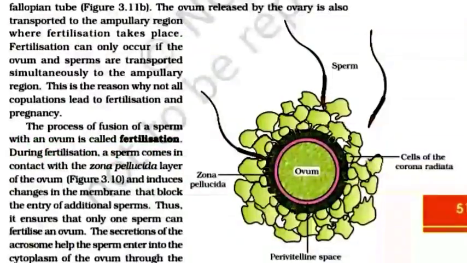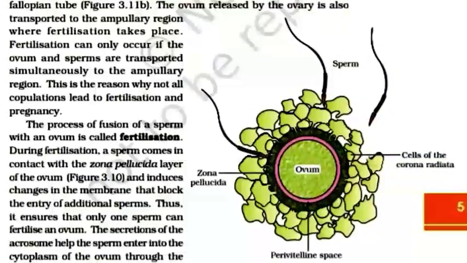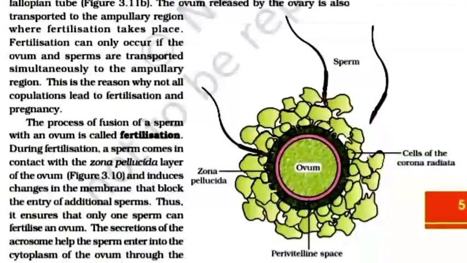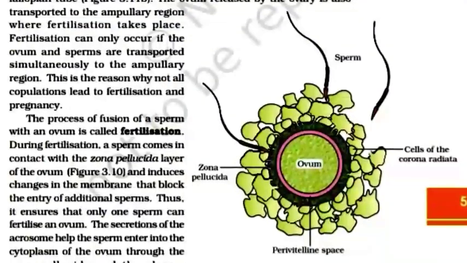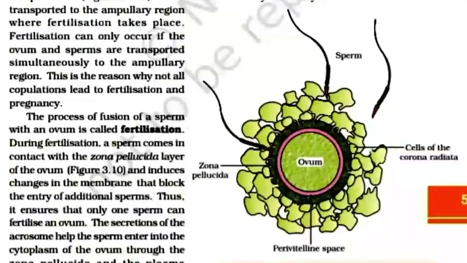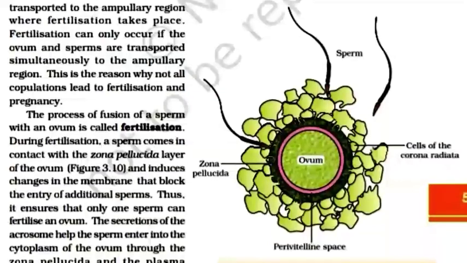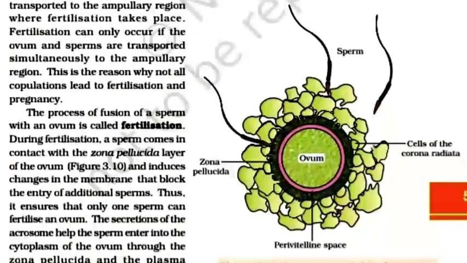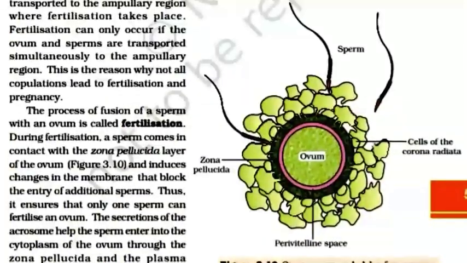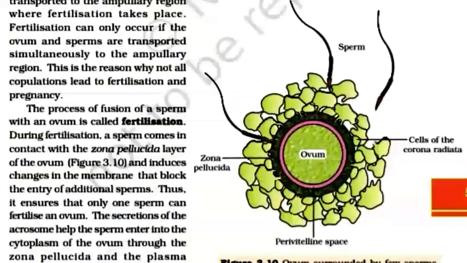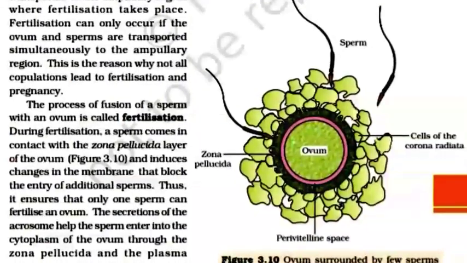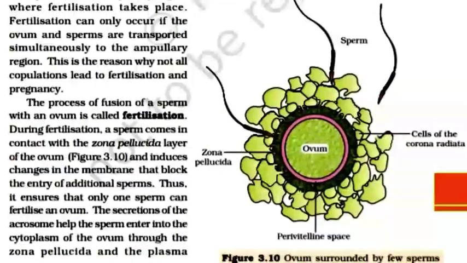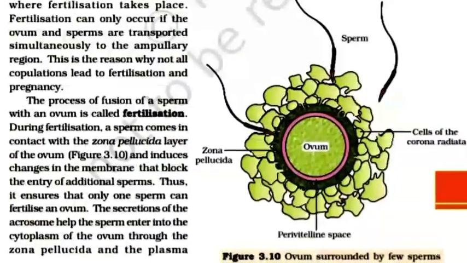The ovum released by the ovary is also transported to the ampullary region where fertilization takes place. Fertilization can only occur if the ovum and sperm are transported simultaneously to the ampullary region. This is the reason why not all copulation leads to fertilization and pregnancy.